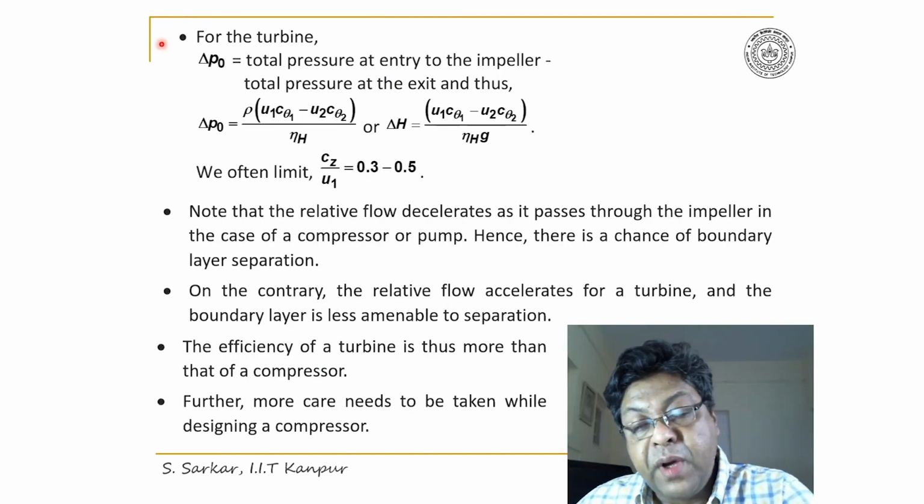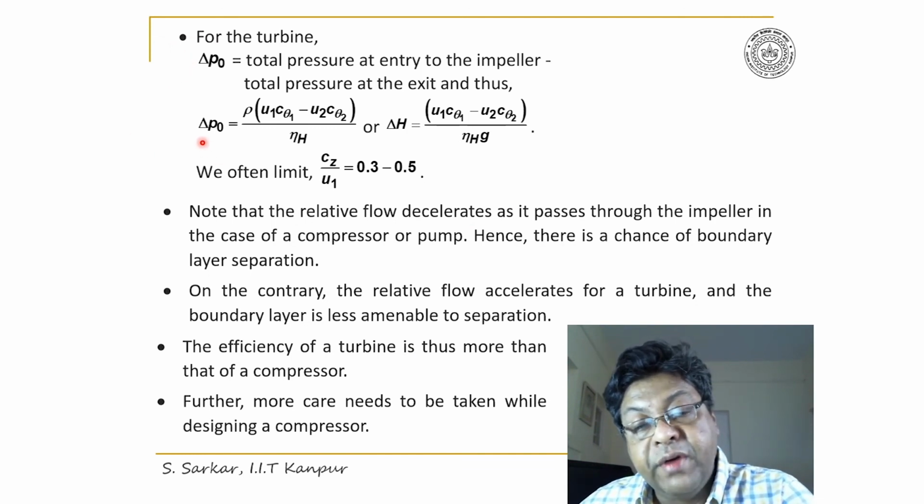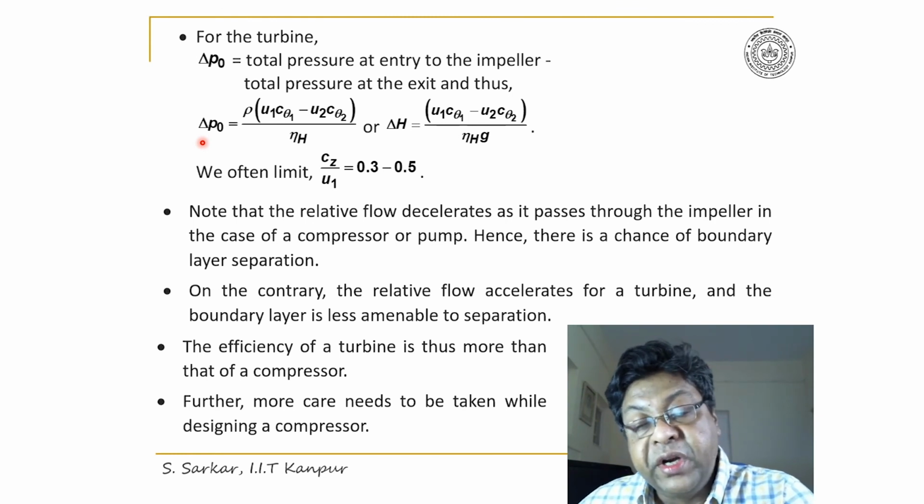Thus, for a turbine, considering incompressible flow, we can express del P0 equal to rho into U1 C theta 1 minus U2 C theta 2, divided by eta H, eta H being the hydraulic efficiency, and del P0 is the pressure drop in a stage.